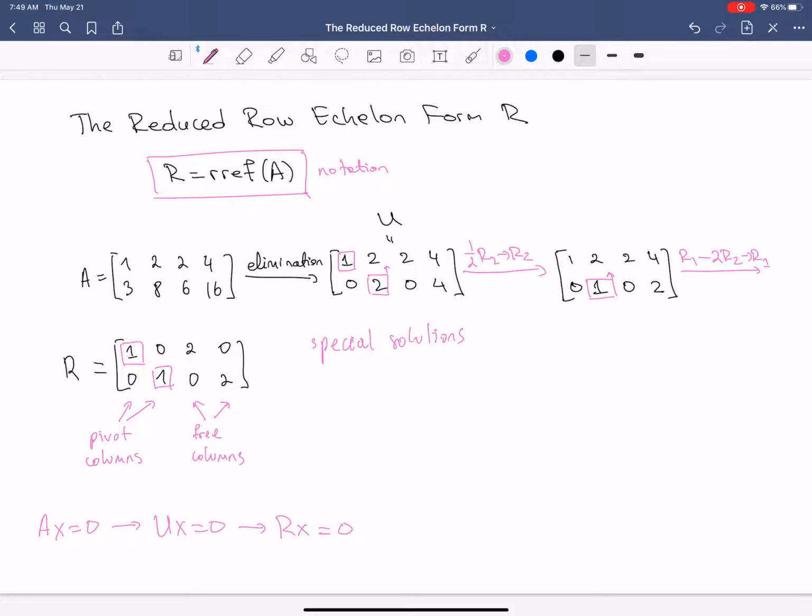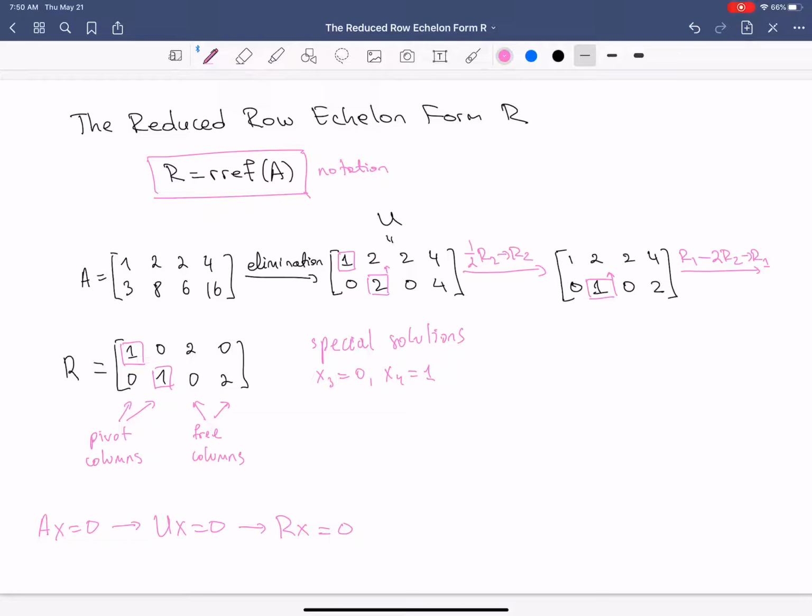So if you recall, when we looked for special solutions, we would set one free column or free variable to 1 and the other one to 0. So if we set x3 to 0 and x4 to 1, for example, you see x4 no longer has a non-zero coefficient in the first row, so the first row is not going to give us anything beyond, well, I guess it's going to give us x1, it must also be 0.